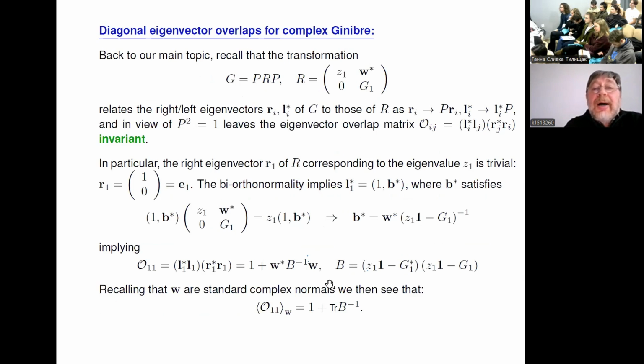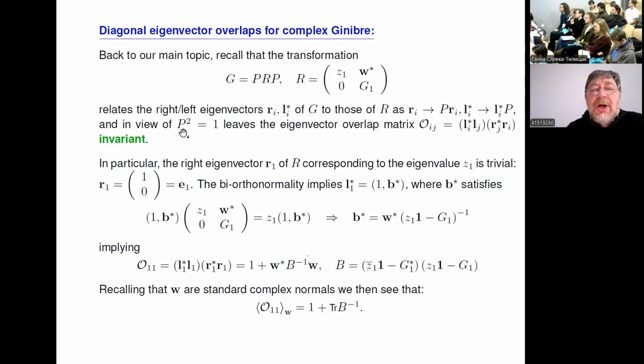Now, what about eigenvector overlaps, which are our main object of interest? How to read them off from this representation? First of all, in this partial Schur decomposition, we immediately see that the right and left eigenvectors of this block, this matrix R, are obtained from the original right and left eigenvectors just by rotation by P, obviously.